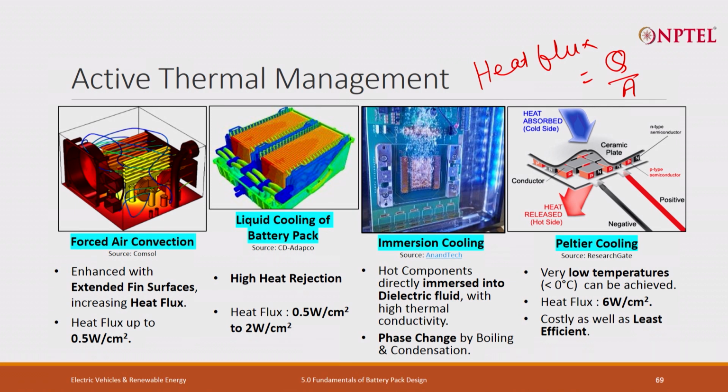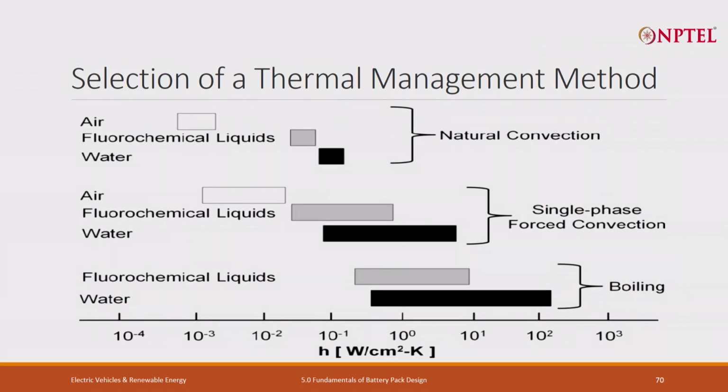So once you know the heat flux, then based upon the heat flux you can select an appropriate thermal management system. If you have up to 10 to the power minus 4 watt per centimeter square per Kelvin, that is the heat transfer coefficient per degree Kelvin, you should utilize natural convection, and that could be air mostly.